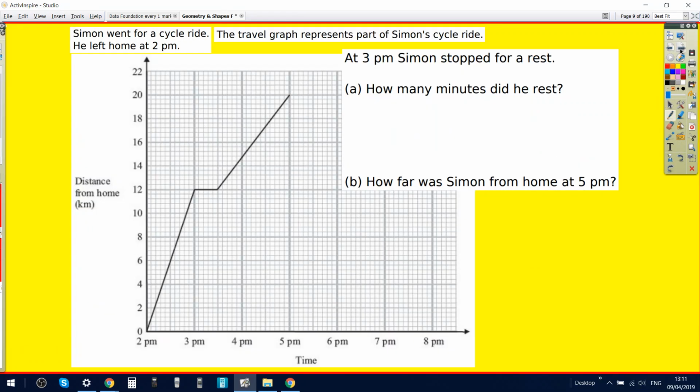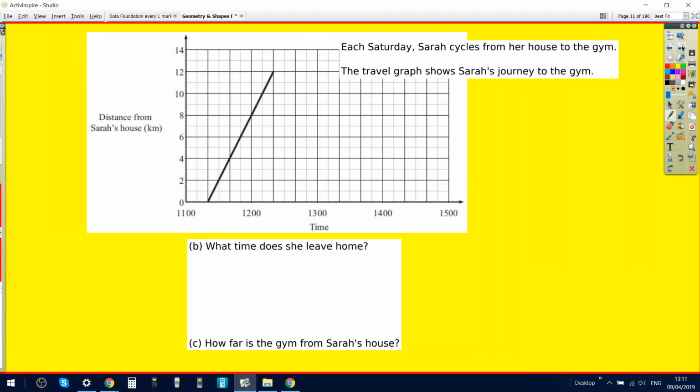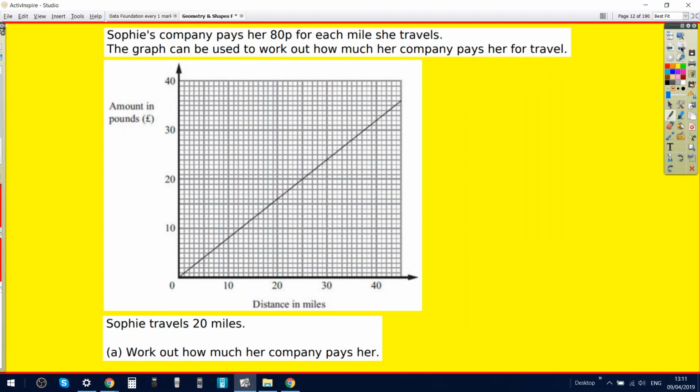And we don't need to do any more of those. How do you do this? Okay, work out how much the company pays her.